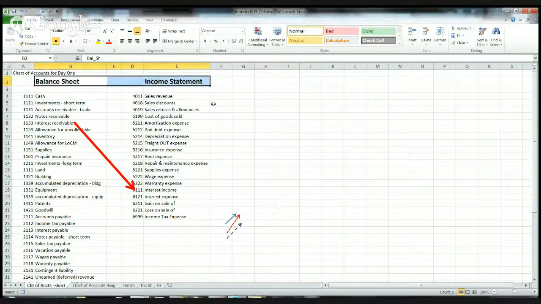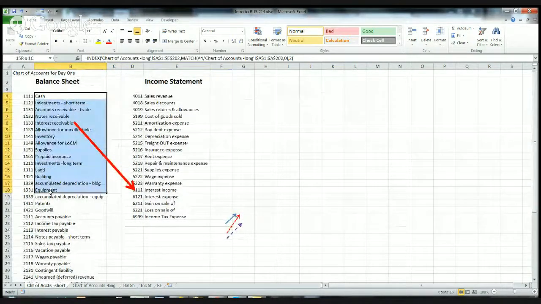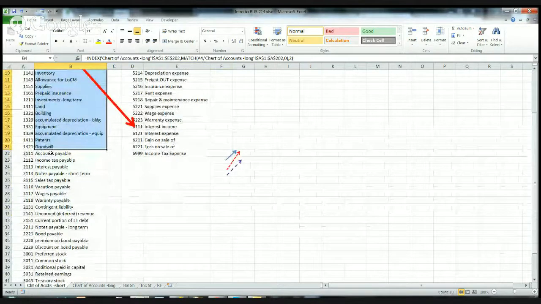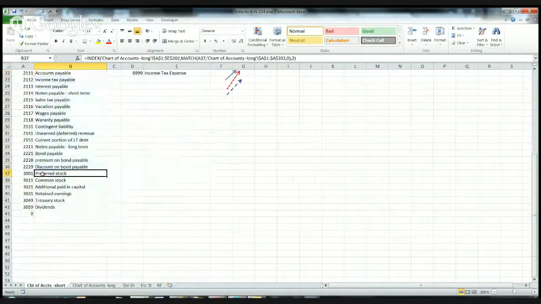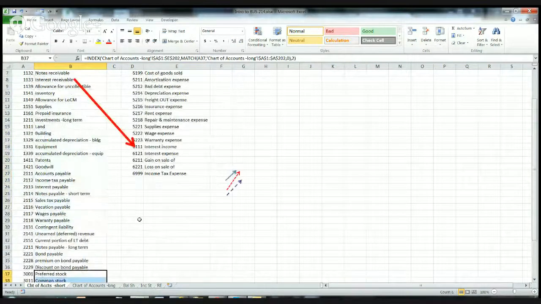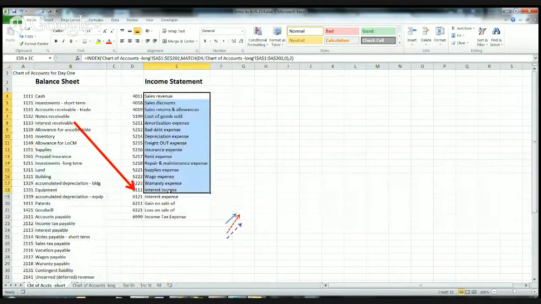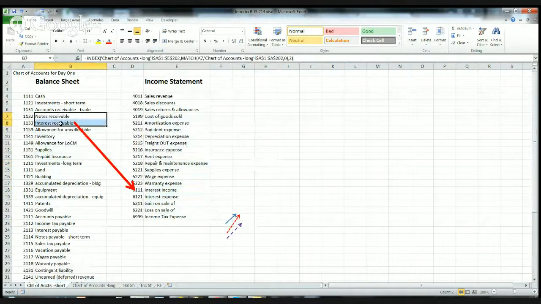These are my balance sheet accounts, my assets, my liabilities, and the stockholders' equity. Okay, so I either borrowed the money, payable, or the owners of the company invested the money. Here's my revenues, my discounts. There's some accounts we haven't seen yet, but don't worry about that. I want you to see, look at the relationship. If somebody owes us money on a note, we'll charge them interest. If there's an interest receivable, there's probably an interest income.